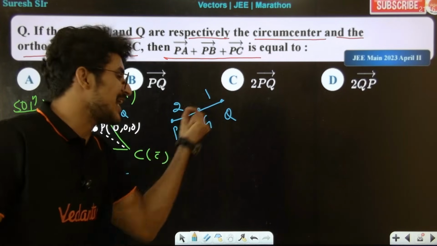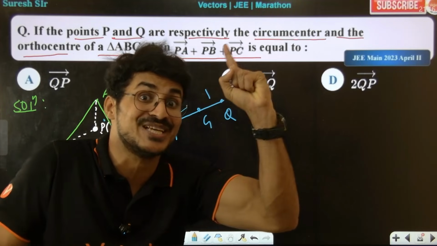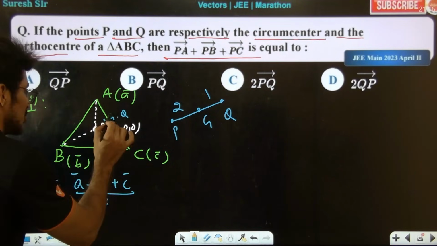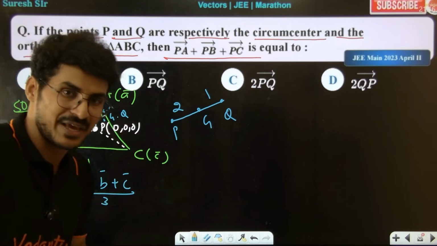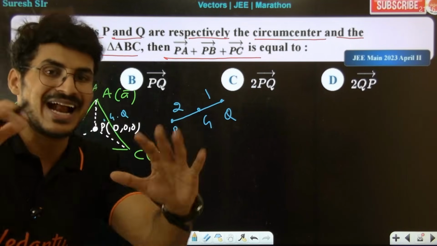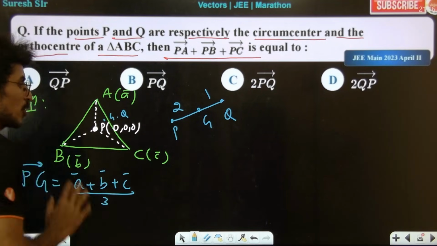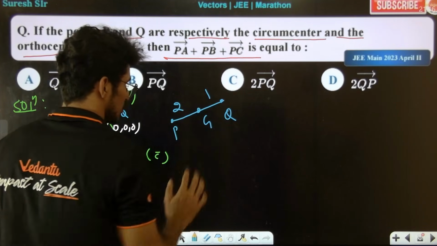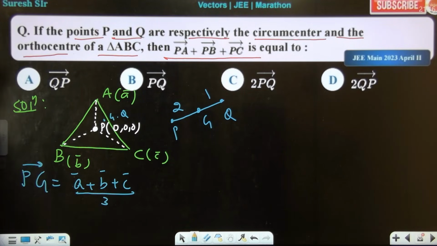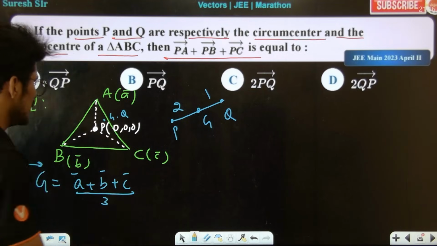G divides P and Q in the ratio 2:1. G and Q are both inside the triangle, please don't write them outside. I don't have space, I should have drawn a bigger diagram, but understand that G and Q should be inside. So P, G, Q are like this. Now, can I apply the sectional formula here? Yes.